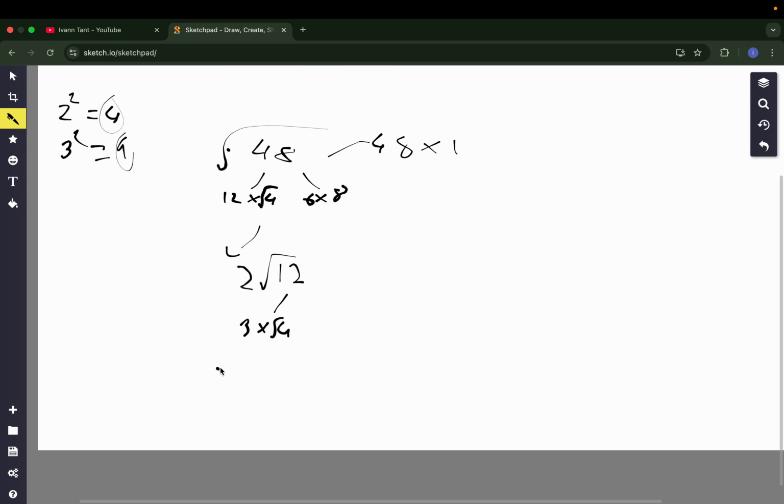So we can do that again. First, we need to get our number on the outside, 2. Then we get this times 2, and we get this value times 3. So our final value would be 2 times 2, which equals 4, and the square root of 3.